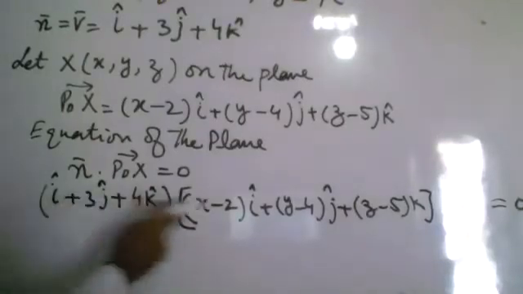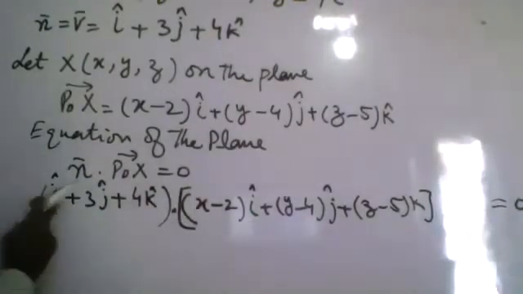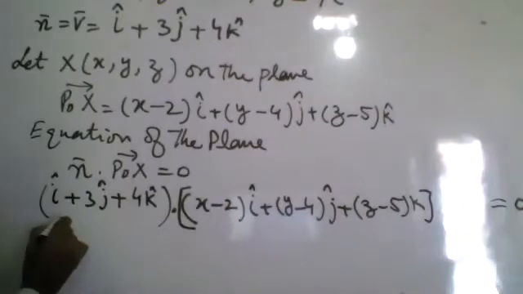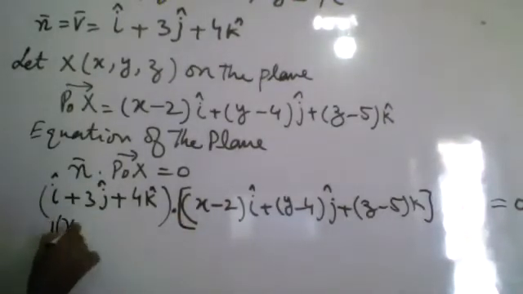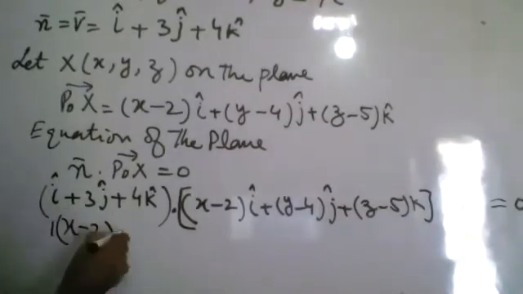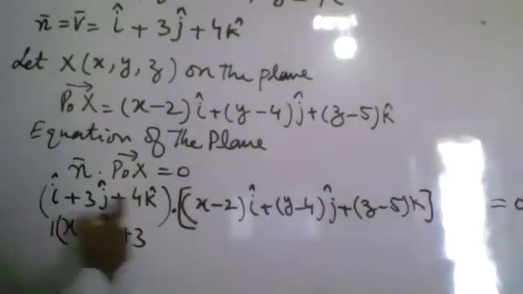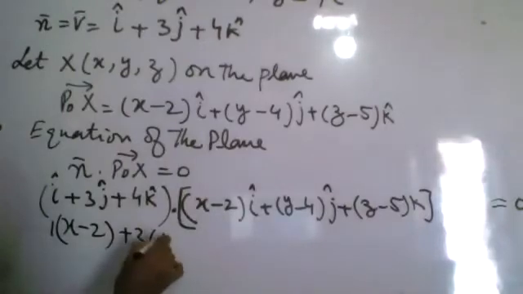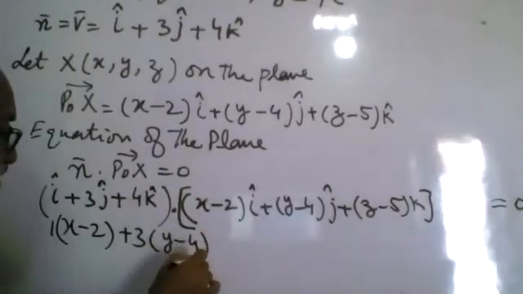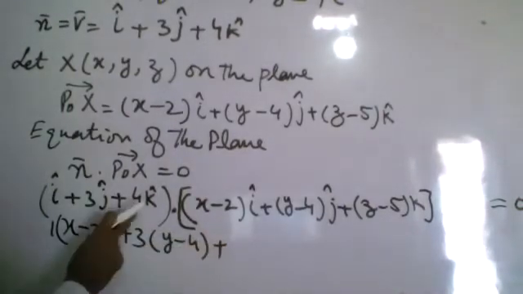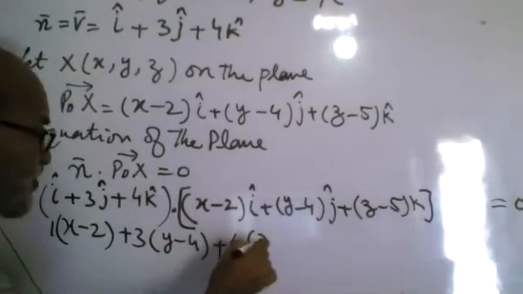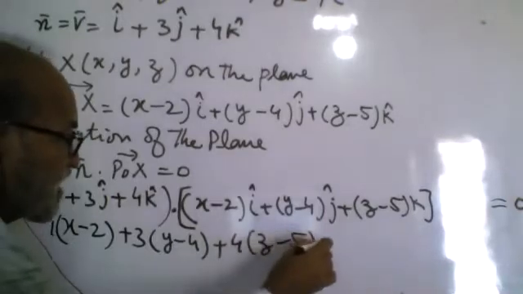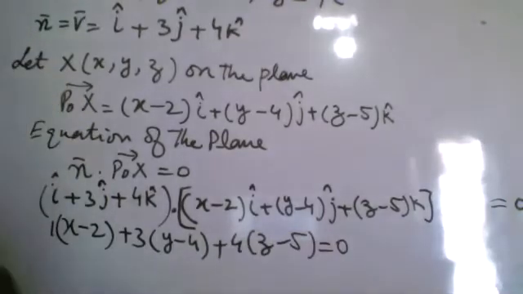So 1 into (x minus 2) plus 3 into (y minus 4) plus 4 into (z minus 5) is equal to 0.